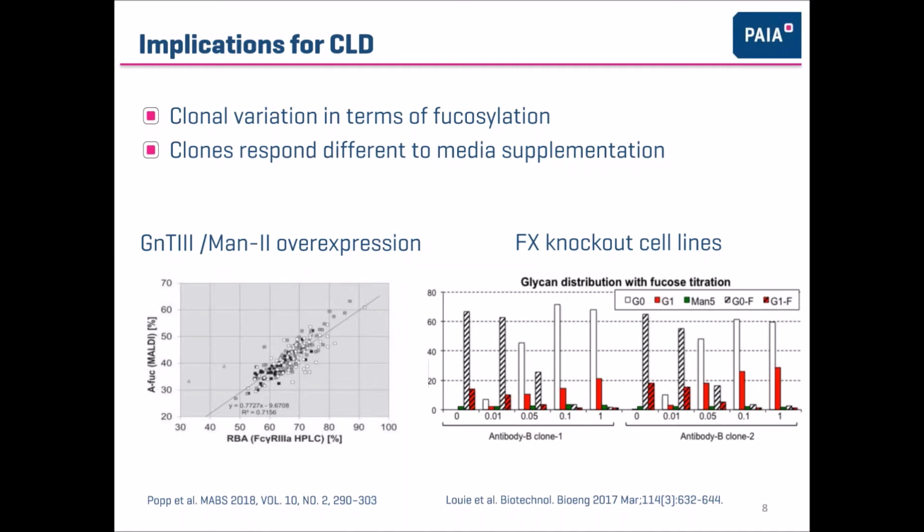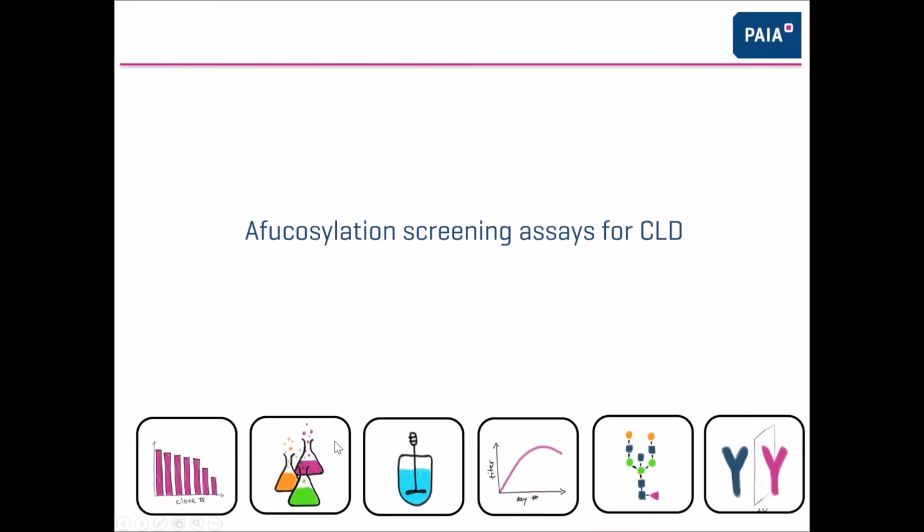So it's certainly in both aspects desirable to have screening technology in place that allows you to see the trends early on and quickly, so you can select, for example, clones that have the desired afucosylation profile. So let's look at the assays that we have developed at PAIA for this purpose.